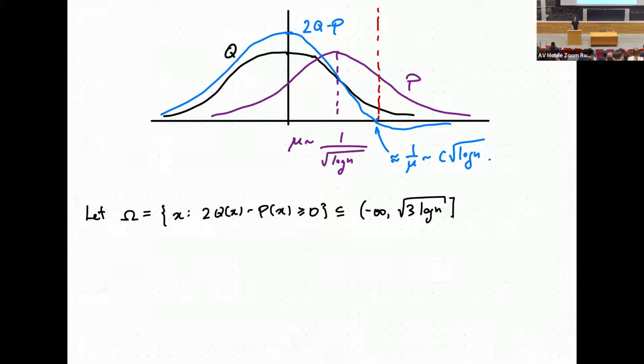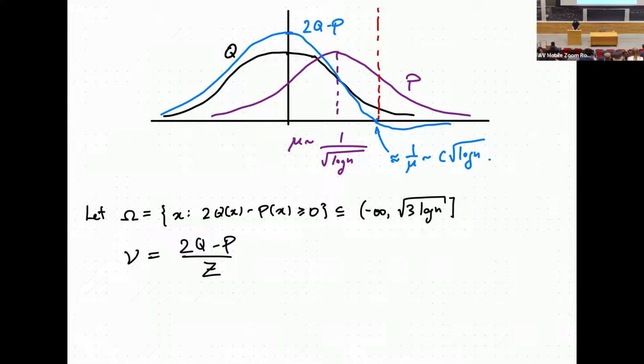That's a calculation that you can do just by setting 2Q minus P equal to 0 and solving for x, just using the form for the density of a Gaussian. So this interval goes from minus infinity to, let's say, 3 times the square root of log n.